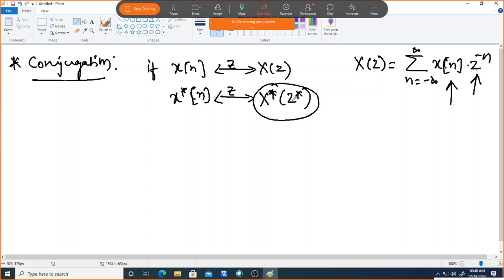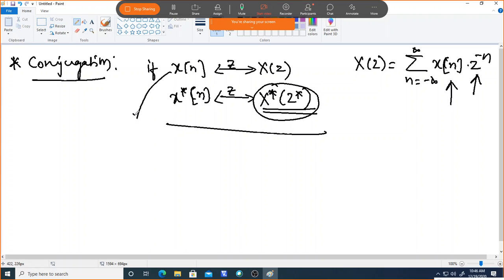That's why it is represented as X star of z star. So if you have the x of n signal with the corresponding z transform X of z, and you take the complex conjugate in the time domain, x star of n, the corresponding z transform is X star of z star.